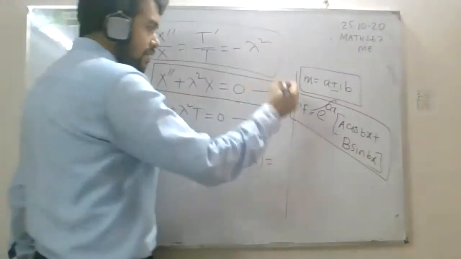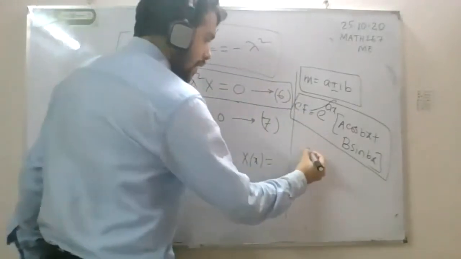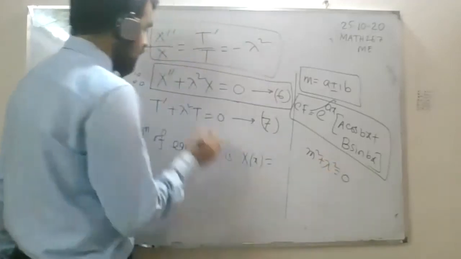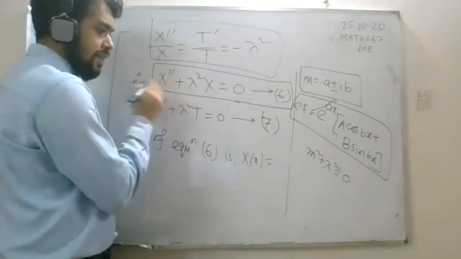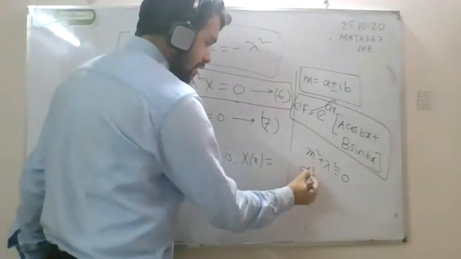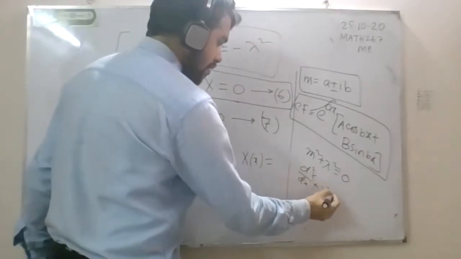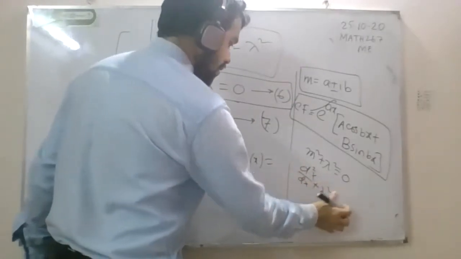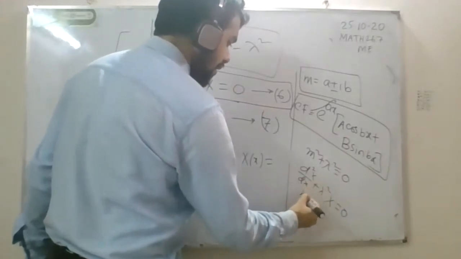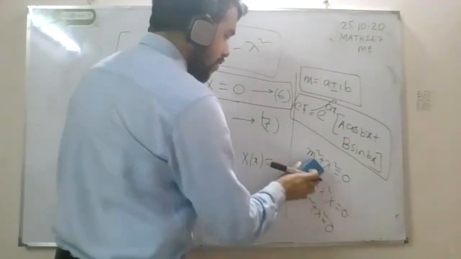After solving this, you can get m square plus lambda square equals 0. As I said before, when d square x by dx plus lambda square x equals 0, from here I can write m square plus lambda square equals 0.